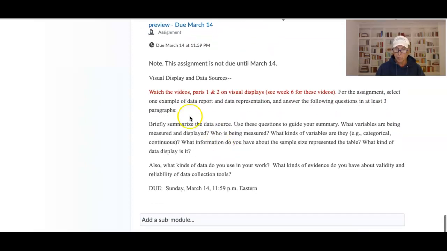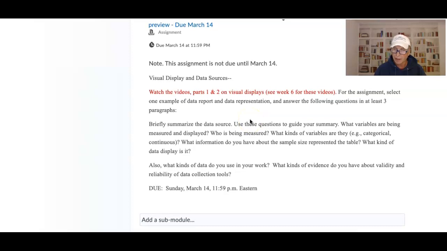I do want you to find a different source, not the same one you're using this week, and basically do the same thing that you're going to be doing in an informal discussion post this week. So I'll talk about this a little bit further.